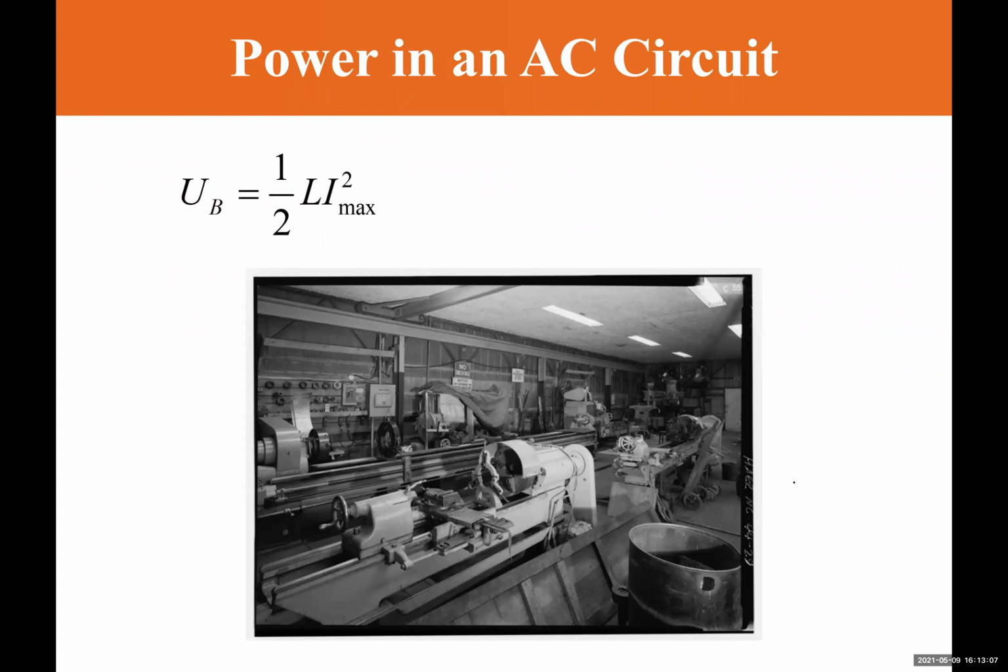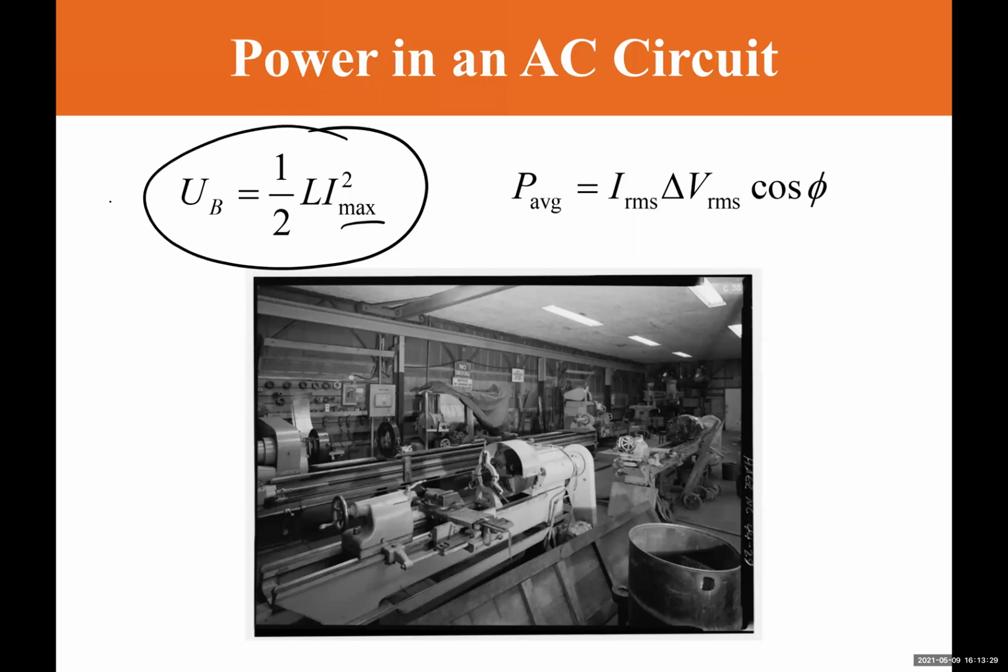All right, so here's what we have. Those are the energies associated with the inductor, and that's the power equation in terms of average power: IRMS delta V RMS values. From here, this energy is the maximum energy stored in the inductor.